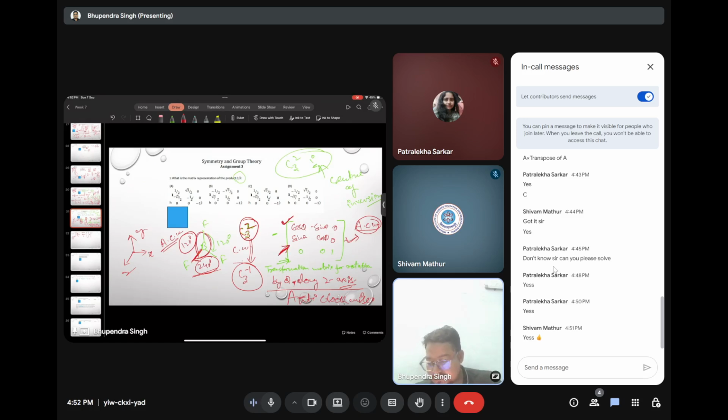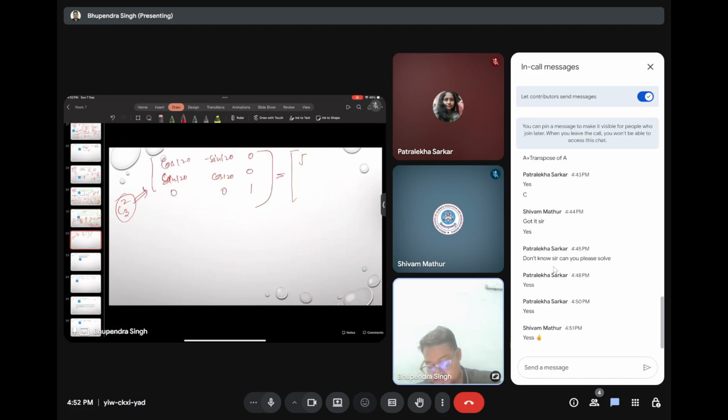This should be clear. If you need to take the clockwise rotation, then the minus sign of these two sin theta will change, and the diagonal elements will remain like this. Okay, what will be the value of cos 120 degree?